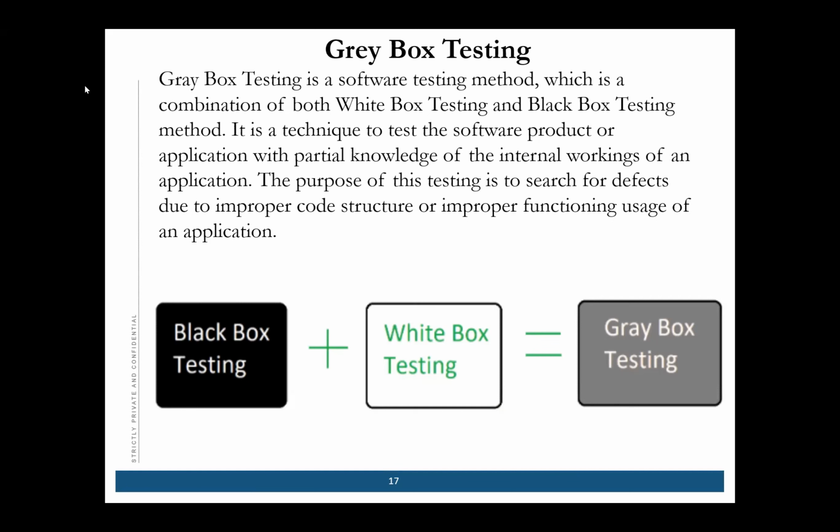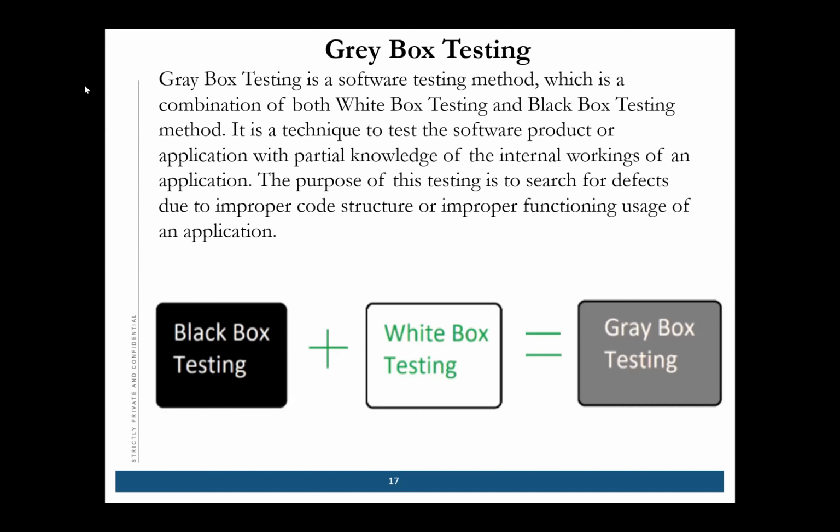Would anyone like to explain? Gray box testing is the combination of white box testing and black box testing, where for some parts we refer to the code and for some we do functional testing. This sometimes comes in the written test, so I wanted to cover this in our course.